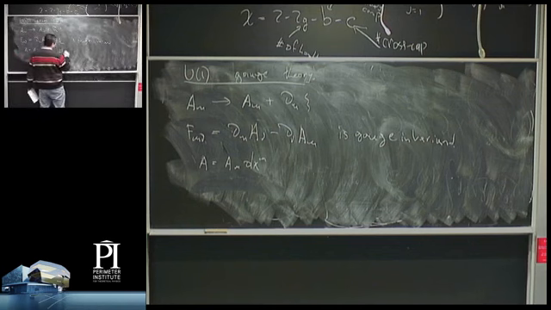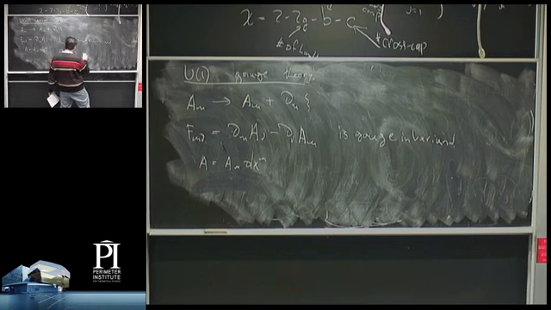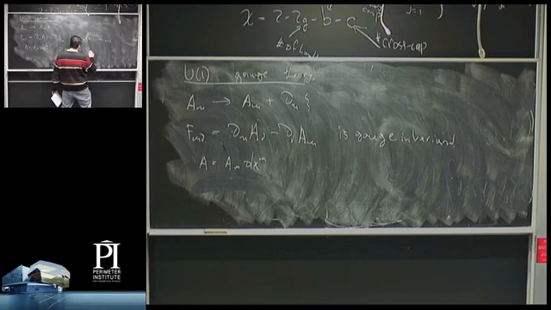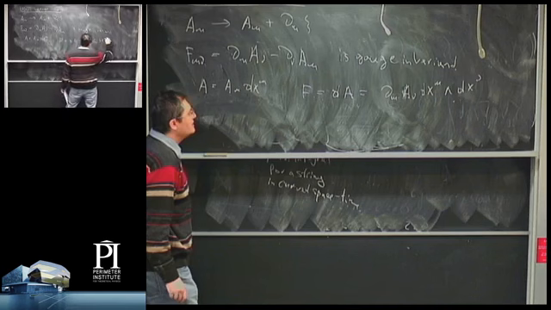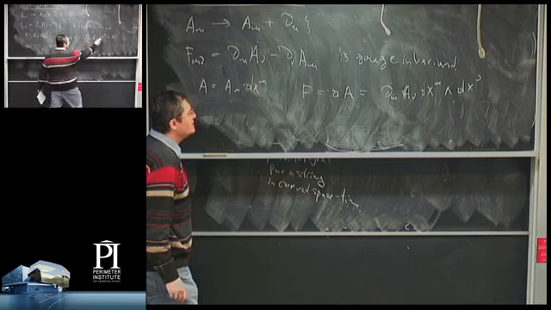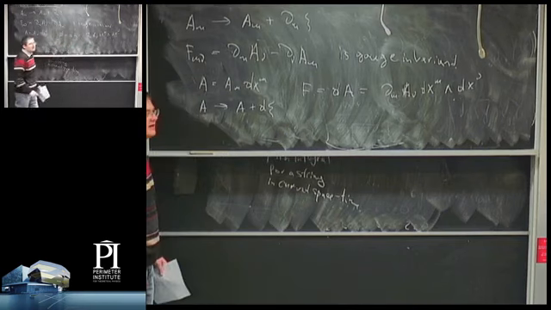The field strength F is just a two-form, so that's dA. What this means is that you differentiate, ∂_μ of A_ν, and you have dx^μ wedge dx^ν. And this wedge means an antisymmetric product of differentials.